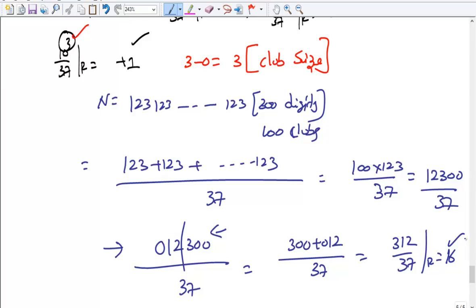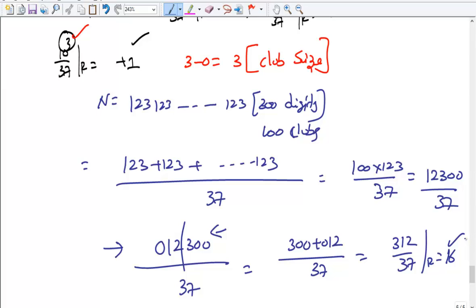The difference between the powers is the club size. You have the flexibility of choosing the club size. If you found that club size is n, then you can take n, 2n, 3n, 4n, 5n as your club size.